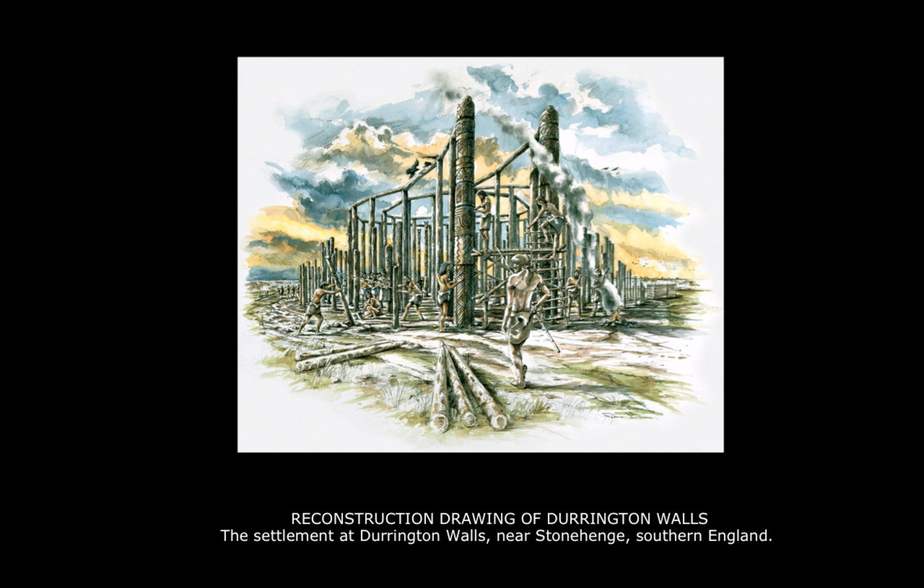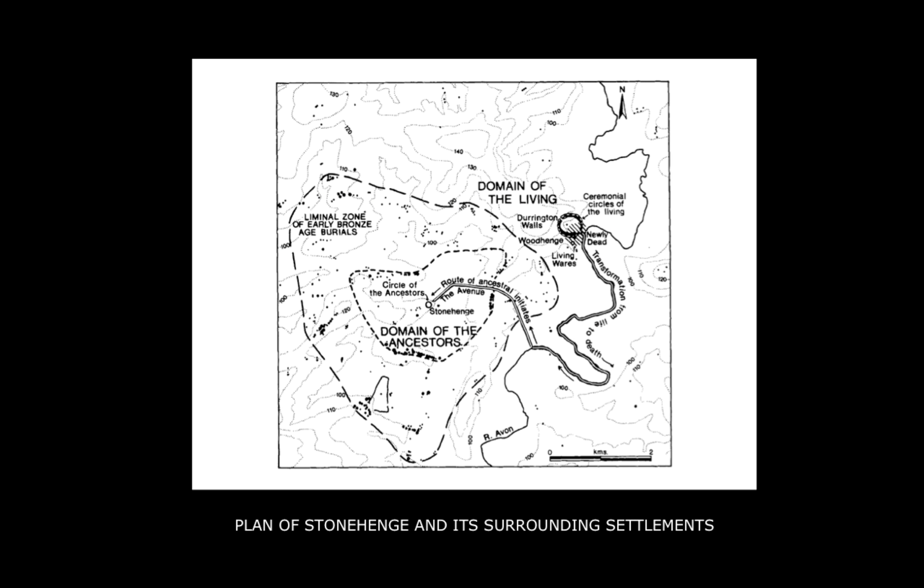If you see this recreation, this plan of Stonehenge and its surrounding settlements, there was a passageway that led from this area where the living would have lived to Stonehenge.